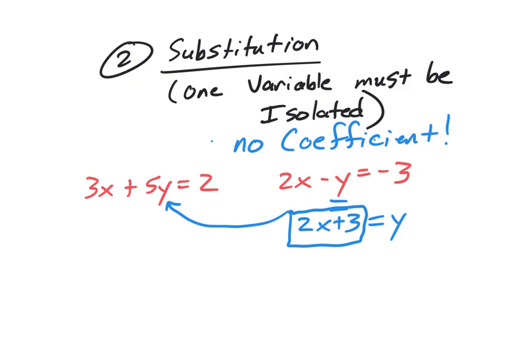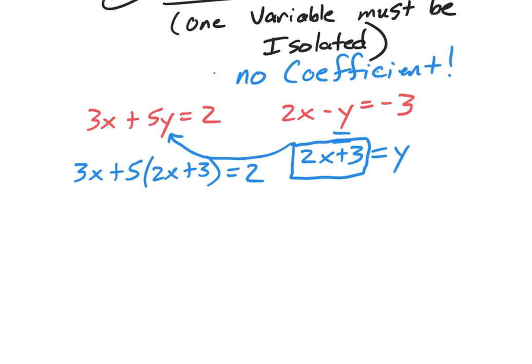Here it's an entire expression. So we'll go 3x plus 5 times 2x plus 3 equals 2. That gets us down to a single variable. All we have is x's in that equation now. And then we just have to use our algebra skills to solve.